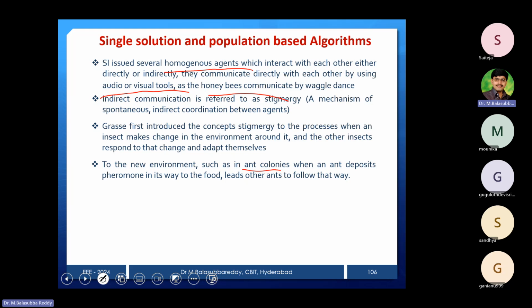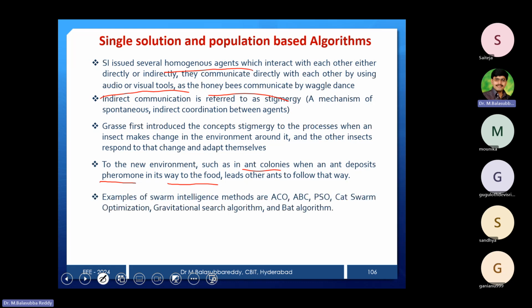When an ant deposits pheromone on the way to the food, it keeps on releasing it, and that will be sensed by the other ants, which will move in the same line. You can see in houses when they are moving in a chain link, they communicate with each other and lead other ants to follow. And that's the path.